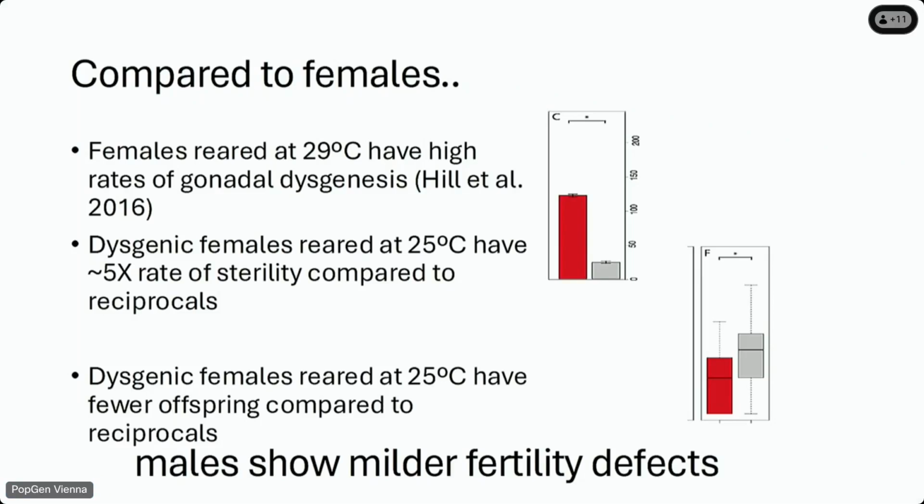And this is at 25, which is usually a temperature where dysgenic effects are more mild. You also see lower rates of offspring overall, even for those females that are fertile. They just don't have as many kids. It is about 5 times the rate of sterility and about half the number of offspring, if I remember, that females have, even at 25 when dysgenic effects are milder. So males show milder fertility defects compared to females.